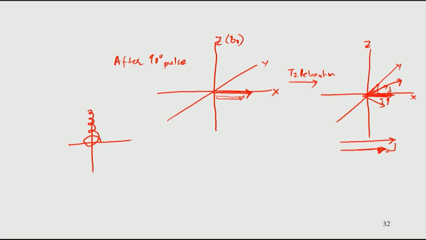This is basically showing this particular motion. If you again go back to this picture where it is spiraling, you can see that the spins are oscillating in the xy plane, with x in this direction and y in this direction, and slowly decreasing.